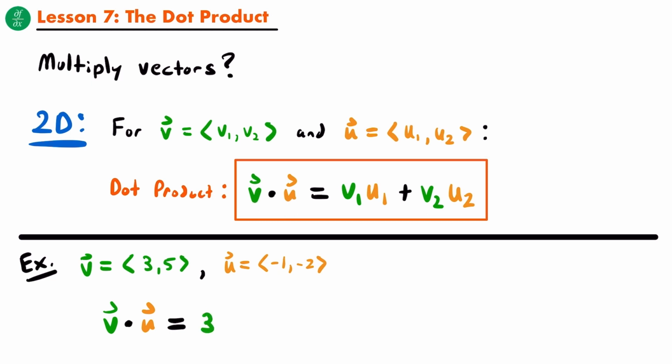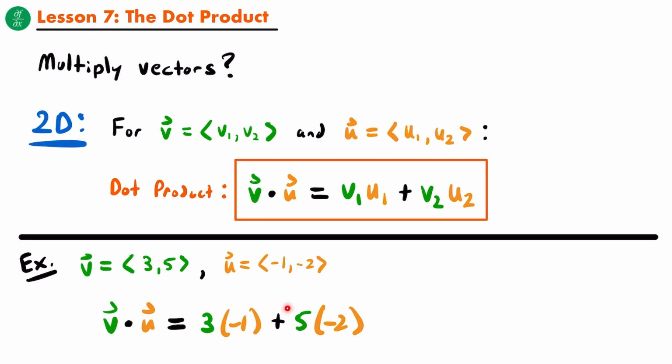So we'll have 3 times -1, and then we're going to add that to the y components multiplied together. So we'll have 5 times -2. The x components are 3 and -1, so 3 times -1 is right here, and then the y components are 5 and -2, so we have 5 times -2.